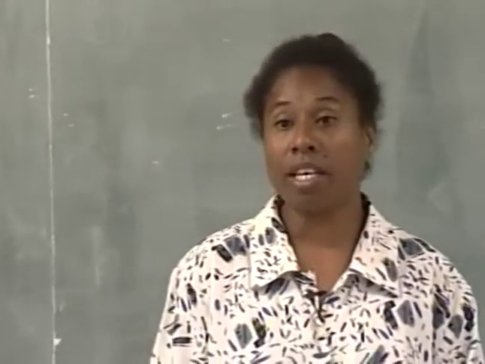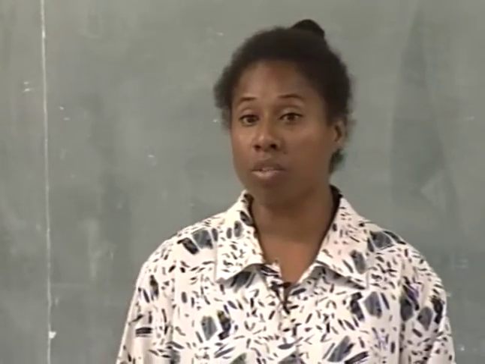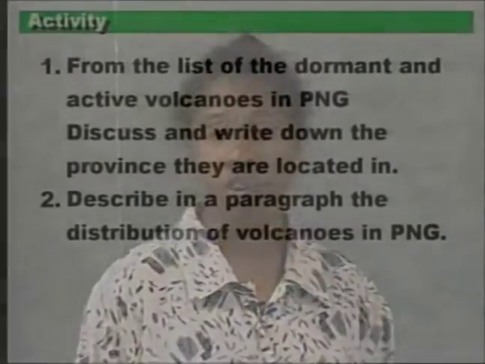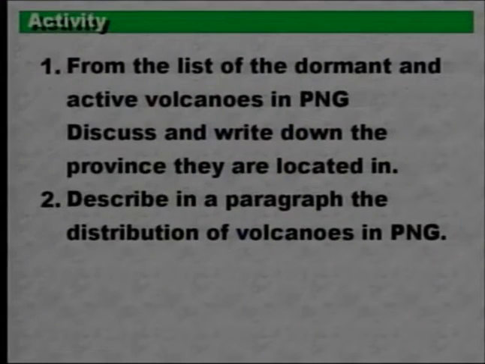Your task was simply using an atlas to find the province those volcanoes are located in. Another part of the homework was to write a paragraph describing the distribution of volcanoes in Papua New Guinea. Let's look at those two activities. We'll start off with the first.